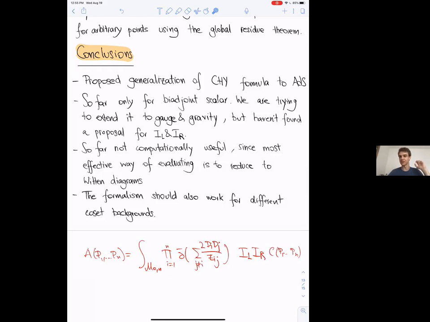So there are some proposals of how to fix this. So one easy idea, for instance, is to start with one dimension higher and do some sort of KK reduction of the formula. But as far as I know, nothing of that really works. So I'm also somewhat hesitant that something like that will work in ADS. Yeah, but I don't have a counter argument.